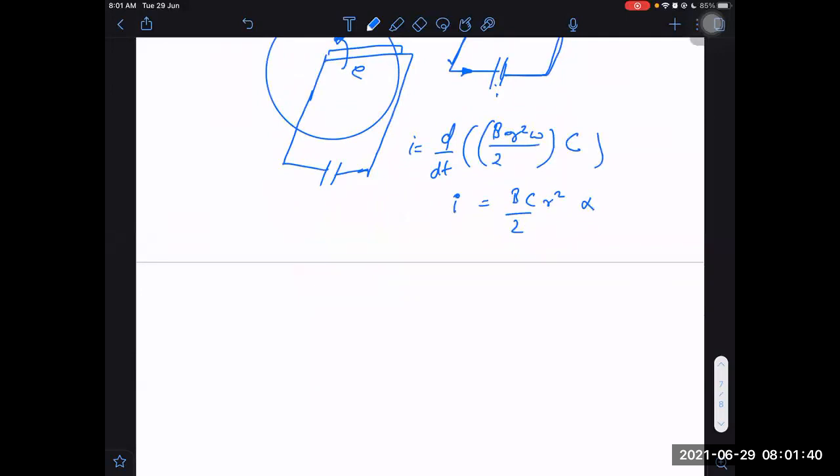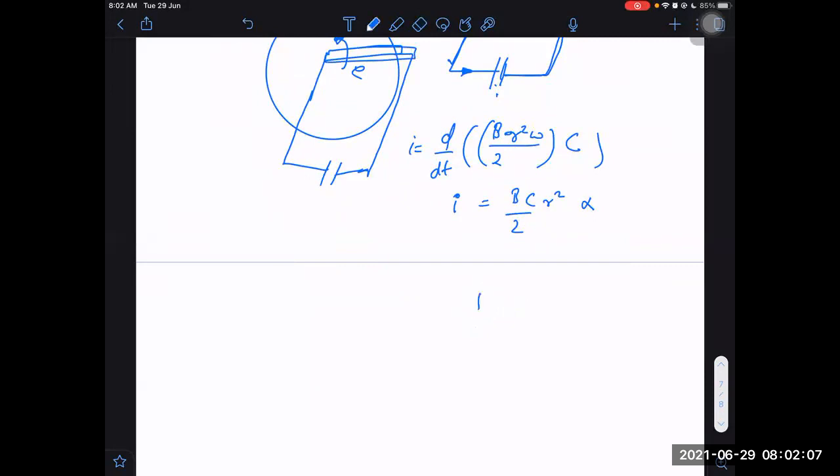And now as far as the torque is concerned, what will be the torque acting on it due to magnetic force?